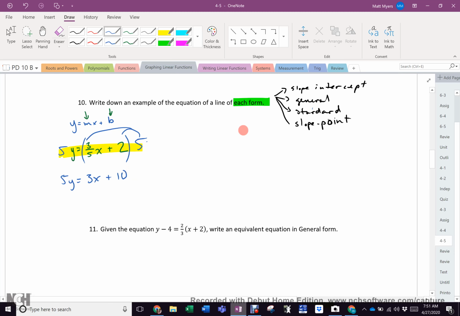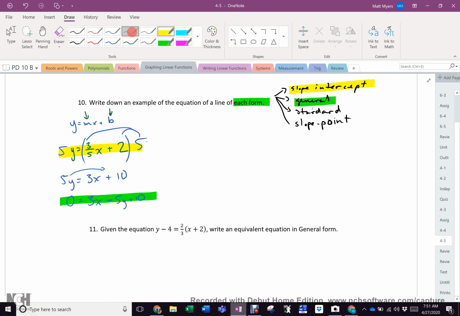Now, general form, everything has to be on the same side, and x has to be, the a value, which is 3, has to be positive. It's already positive, so I'm going to move that over here. 0 equals 3x minus 5y plus 10. That is general form.